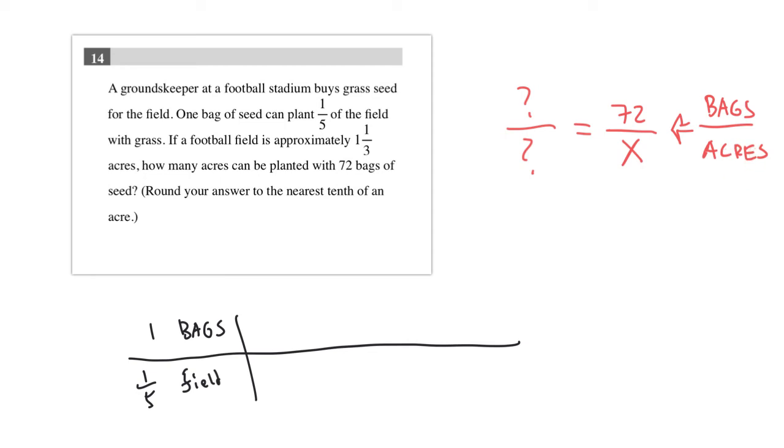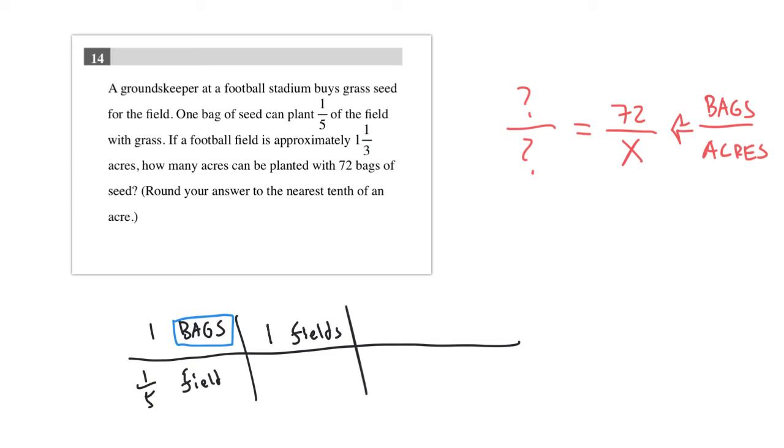So I'm going to write a little box around it, because we're going to remember that we're going to want to keep that. We don't want to keep this though, so we're going to have to get rid of the word field. So I'm going to write field up here and ask myself, is there a way to relate fields to something else in the problem? Well, apparently a football field is 1 1/3 acres, so that's fine.